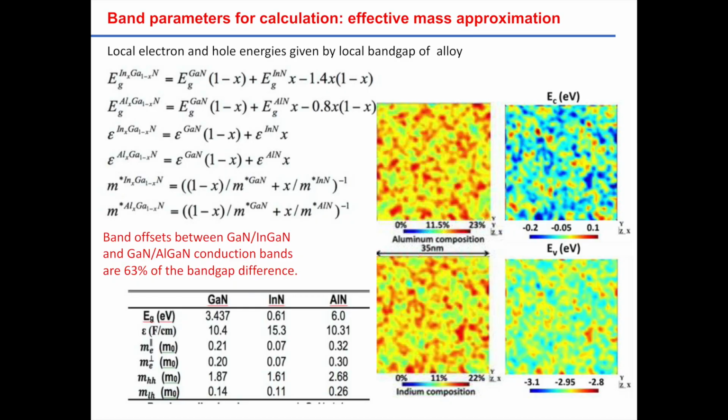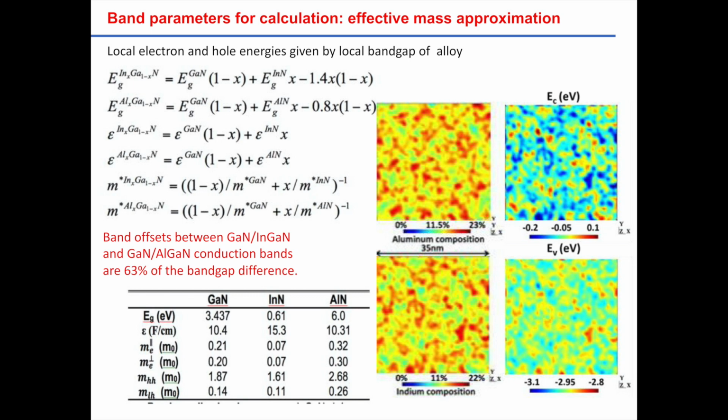It's an ill-defined quantity, because of course the energy of an alloy will depend from point to point on the composition. So I'm taking an average value over space of indium composition and band gap, and an indium composition dependent value of the conduction band energy and valence band position.